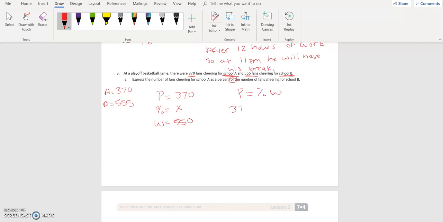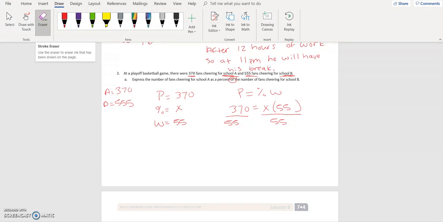So our part is 370, percent is x, and our whole is 555. So we're going to divide both sides by 555. Whoops, not 550. Why am I writing that? 555. It's always best when you catch your mistakes. Whoops, I put it right here.